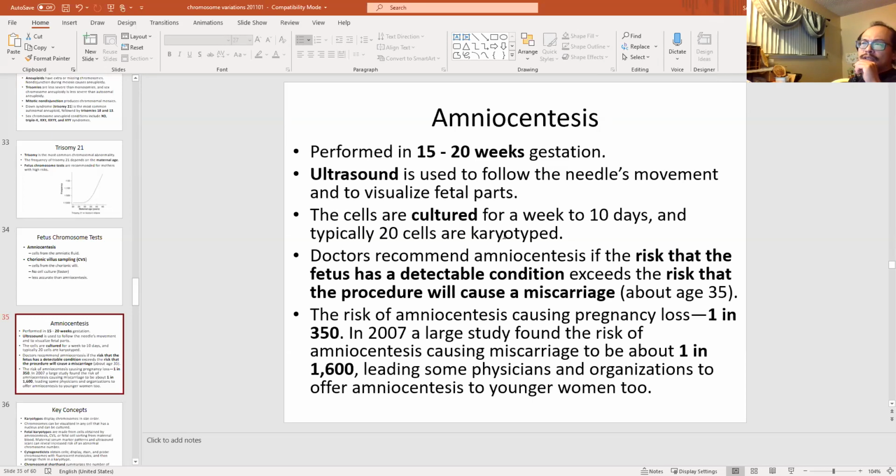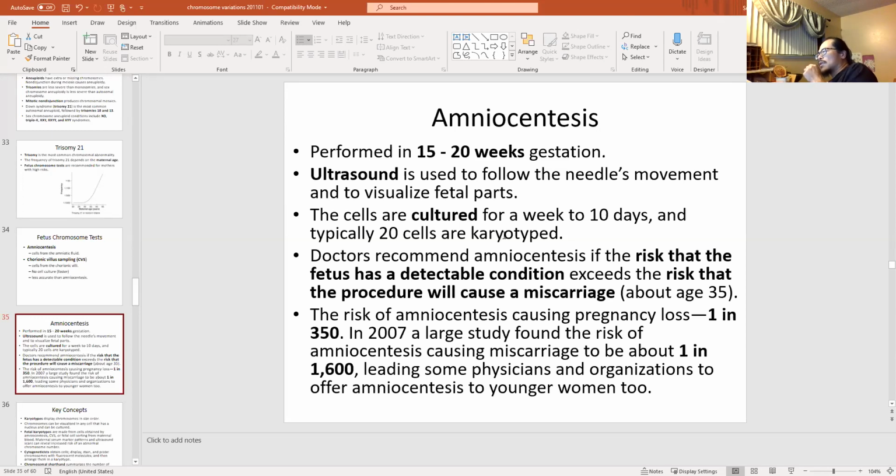And then there is a risk. This is not totally safe. The risk is a miscarriage, so when patients consider this, or the doctor recommends a woman take this, they need to weigh which risk is higher.